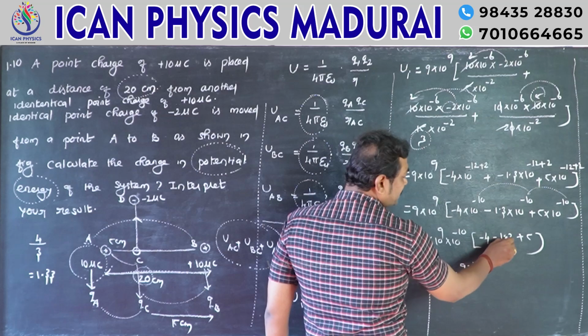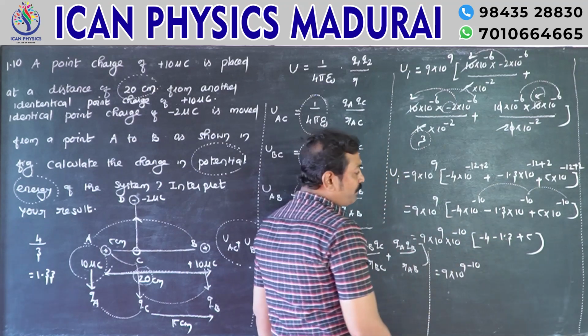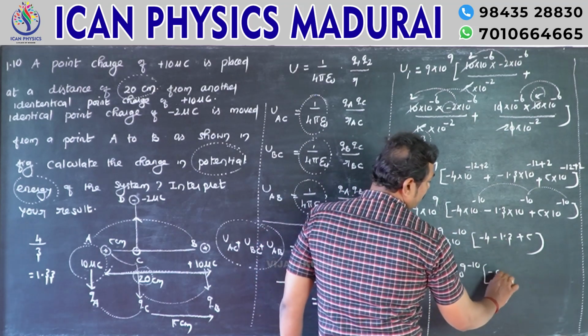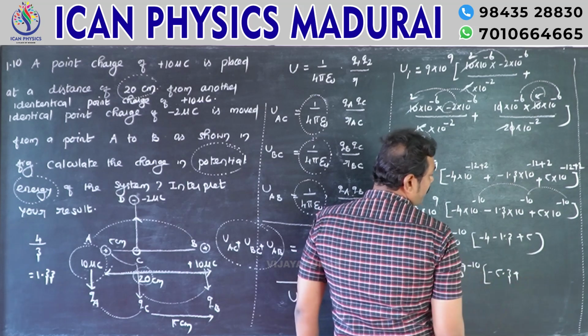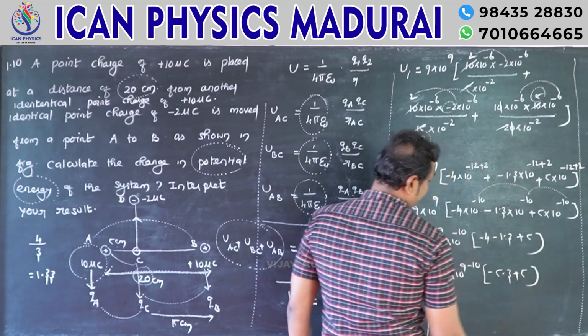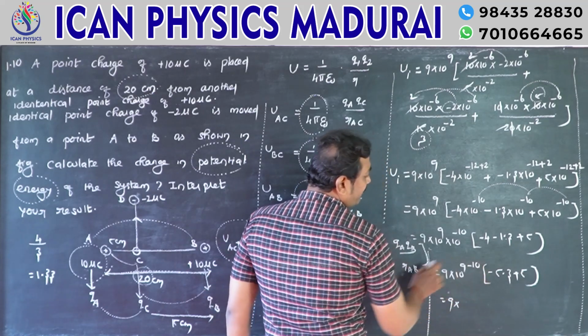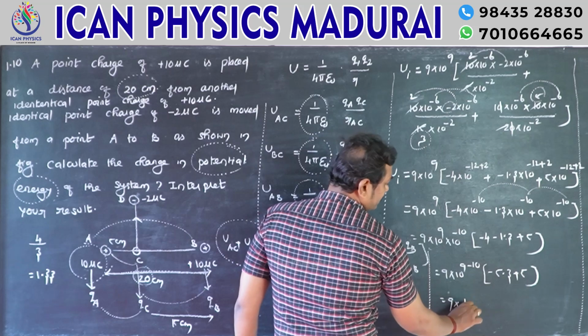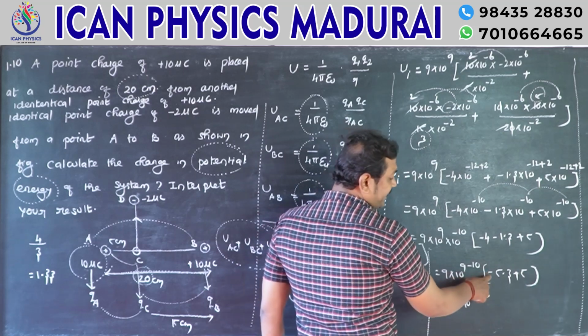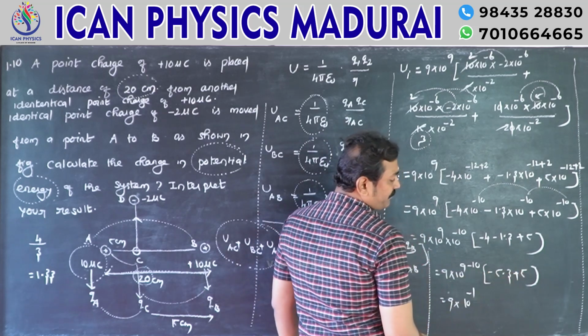Minus 4 minus 1.3, so that is minus 5.3 plus 5.